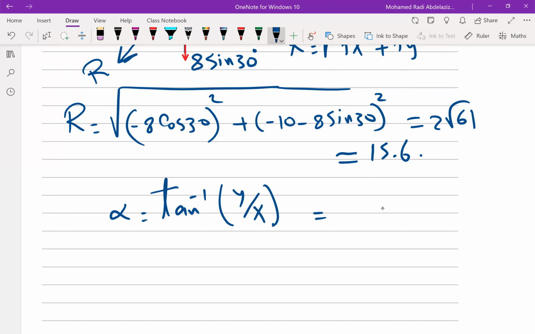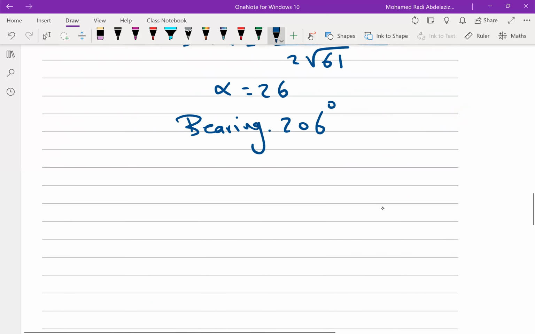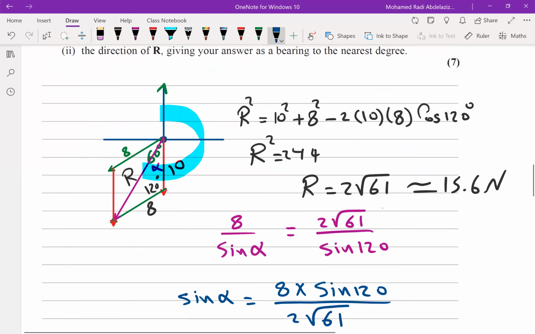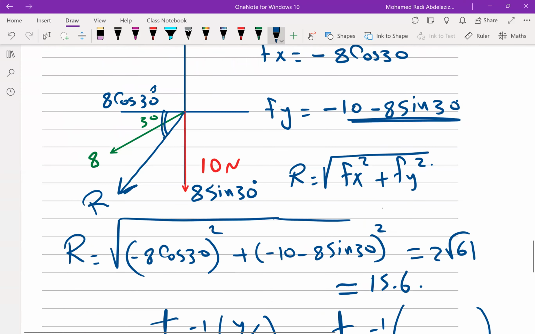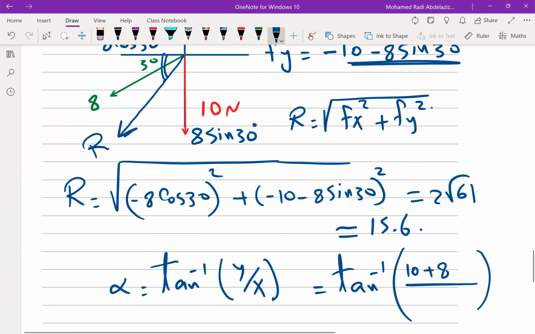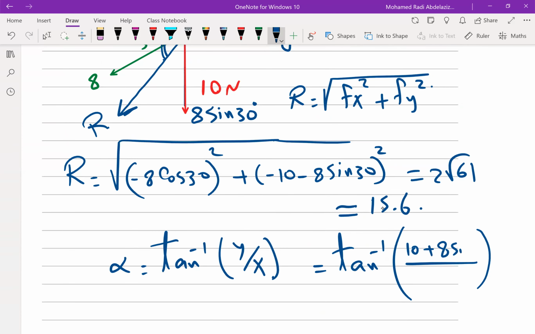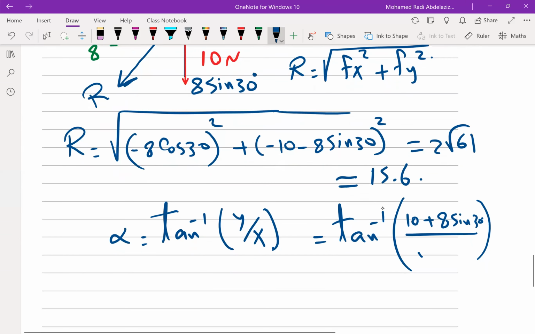So tan minus 1 of the y value, which as a magnitude will be 10 plus 8 sine 30, divided by 8 cosine 30.